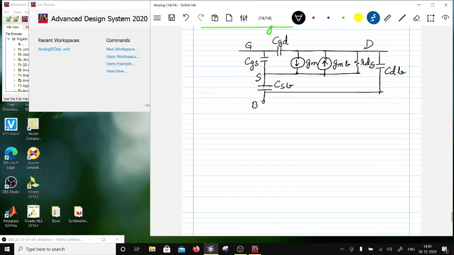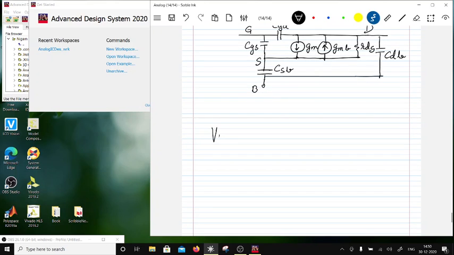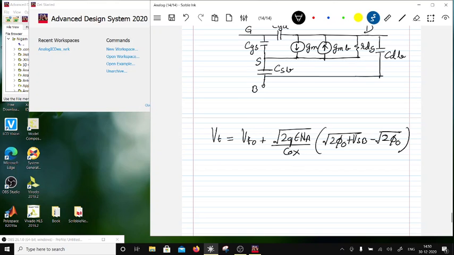Now I'm going to talk about what the body effect is. If you look at threshold Vt, Vt is equal to Vt0 plus root of twice q epsilon Na divided by Cox times root of twice phi 0 plus Vsb minus root of twice phi 0. That's what our derivation was.